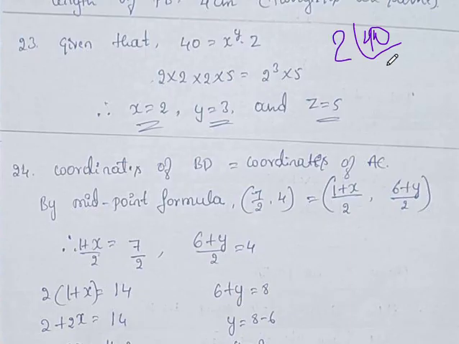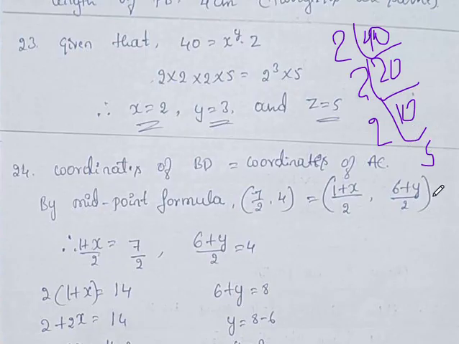The first prime number is 2: 2 fours are 8... 2 twenties are 40, so you get 20. Again, 2 tens are 20, so you get 10. Again, 2 fives are 10.